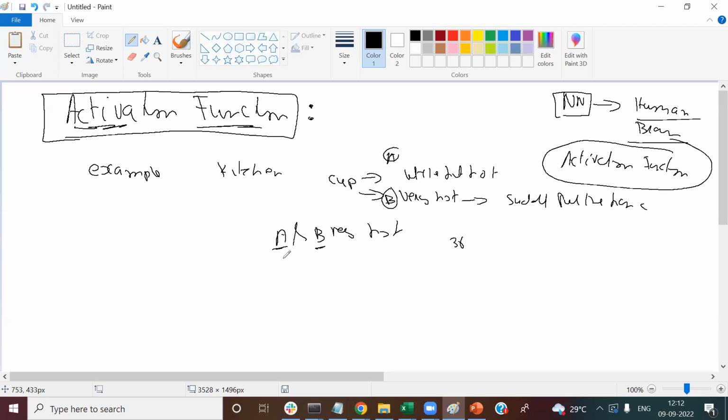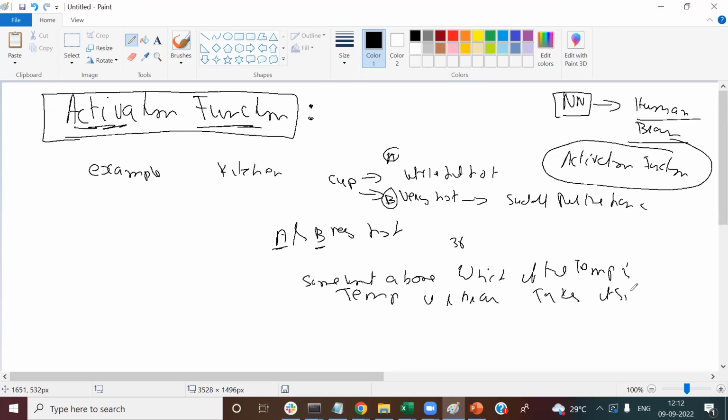It means there is some barrier or some limit above which, if the temperature is there, your brain takes it as significant, and below it, it takes it as insignificant. Tell me guys, do you agree with this? Again, no mathematical function. This is a common thing you have always seen in your life. If it is a bit hotter, you suddenly remove it. If it is not that hot, you don't remove your hand. Okay.